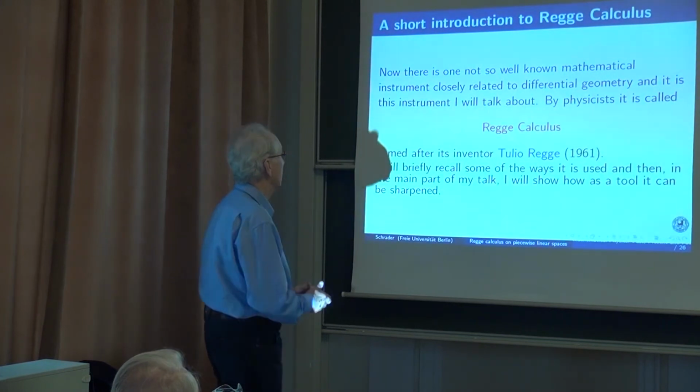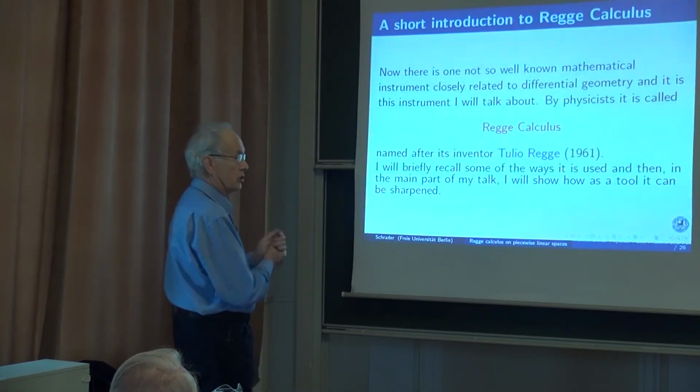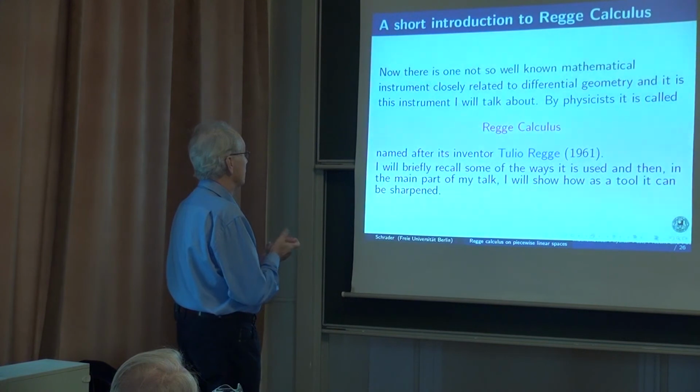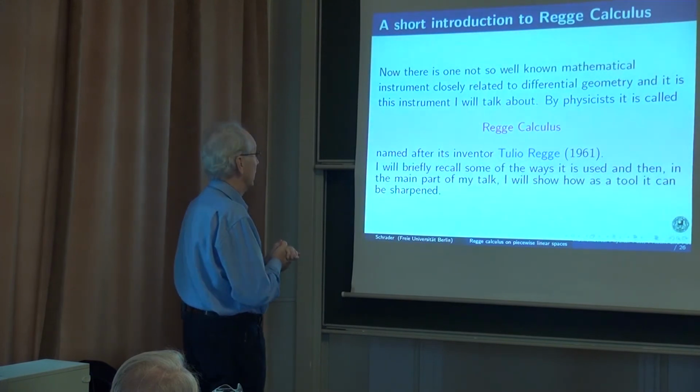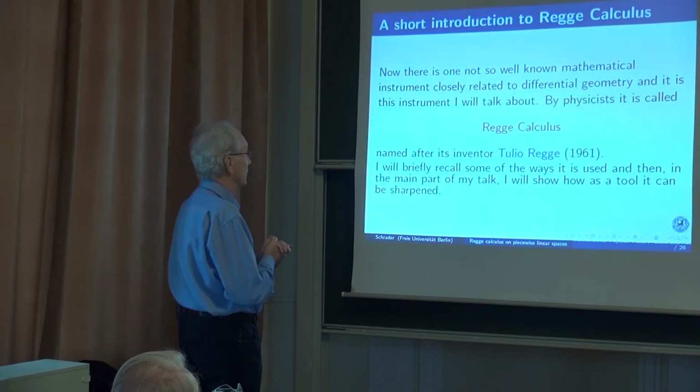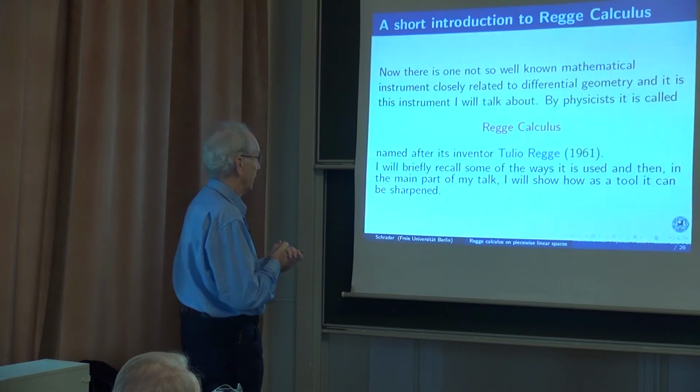Now there's a not so well known mathematical instrument closely related to differential geometry, and it's this instrument I will talk about. By physicists, it's called Regge calculus, named after its inventor Tullio Regge in 1961.